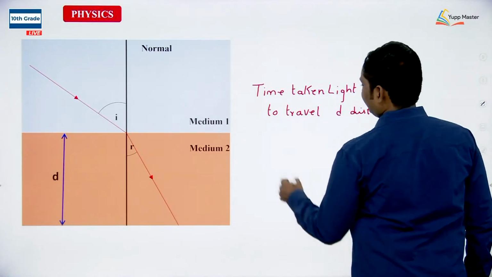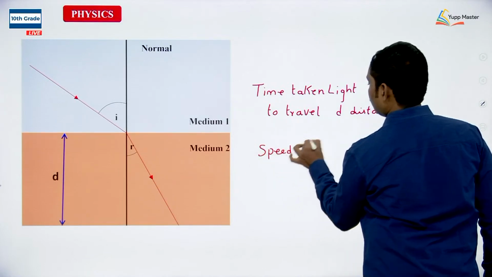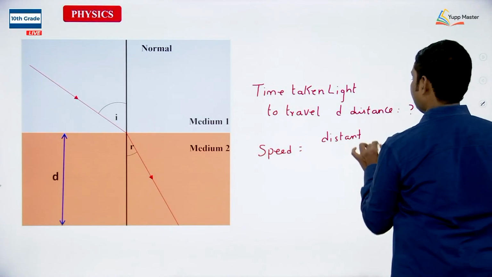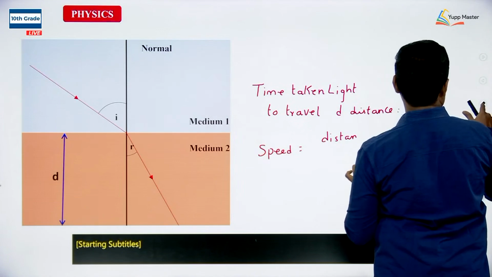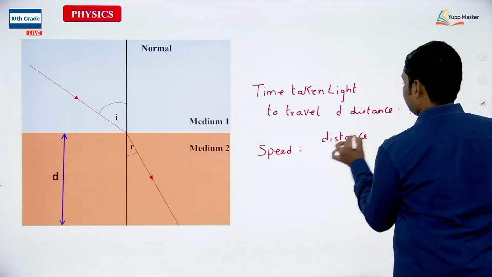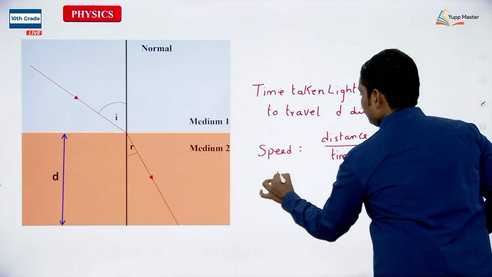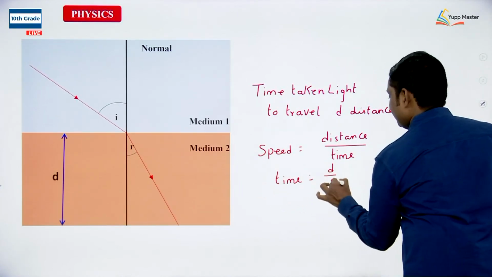Now, speed is equal to distance by time, so time is d by speed.